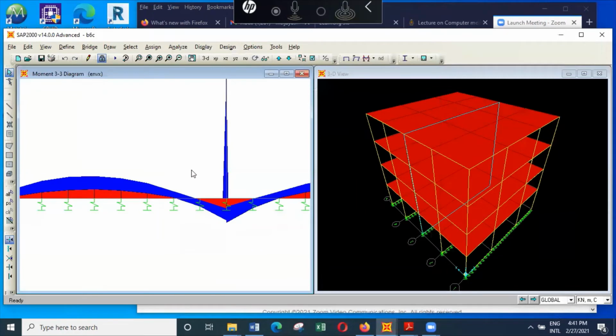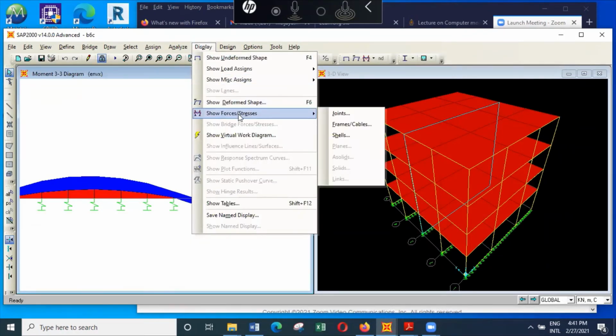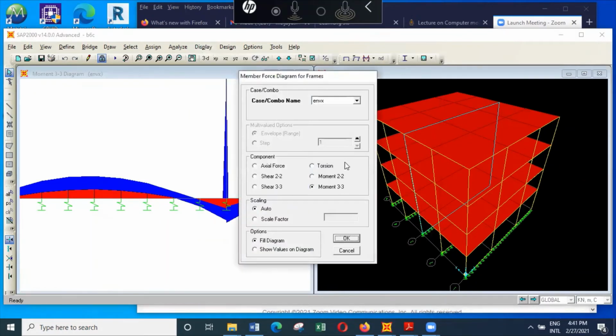So I'll go back to the combination 4. You can use this particular one. And when you use this envelope X, you are taking into account the wind load effects as well.